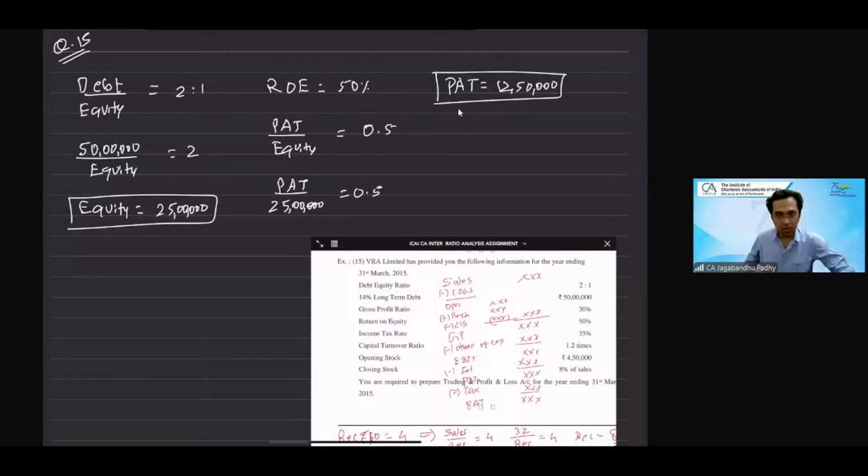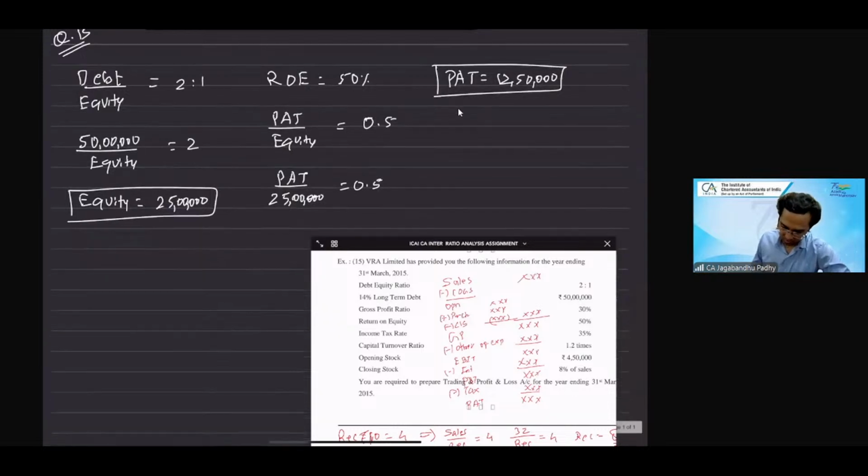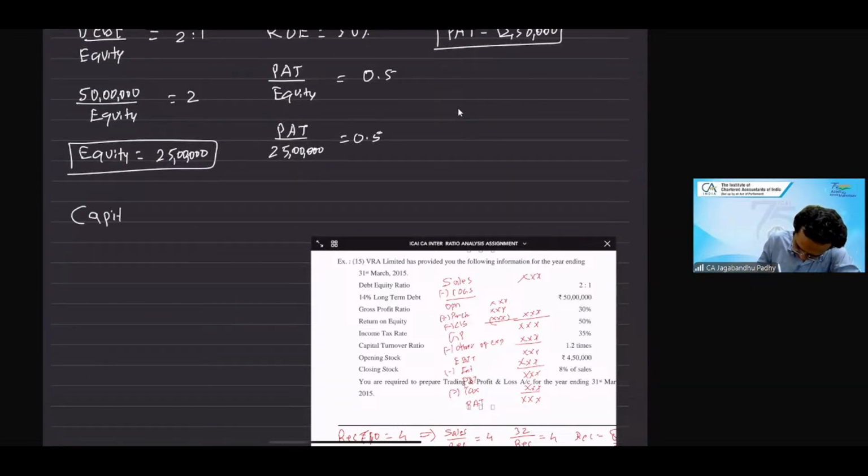Okay. Then after this PAT of 12 lakh 50,000, next in the P&L statement we're done with the PAT. For the other components, we need the net profit ratio or anything of that sort. We have the income tax. The capital turnover ratio is there, and it will help us calculate the amount of sales. Capital turnover will be sales upon total capital employed.